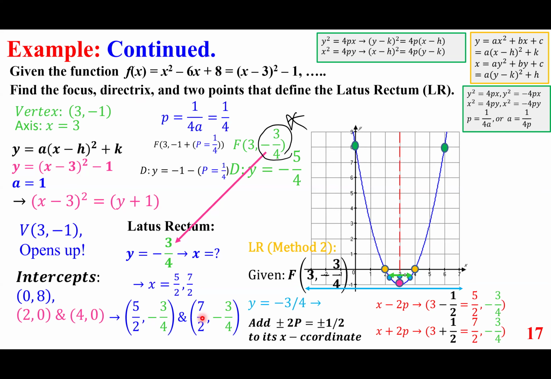Or say, I know the focus has these coordinates, so the y coordinate is not going to change, but the x coordinate goes to the right and to the left by 2p, because each distance is 2p. The total distance, remember, is 4p. And that will be a tad easier to find 5/2 and 7/2.